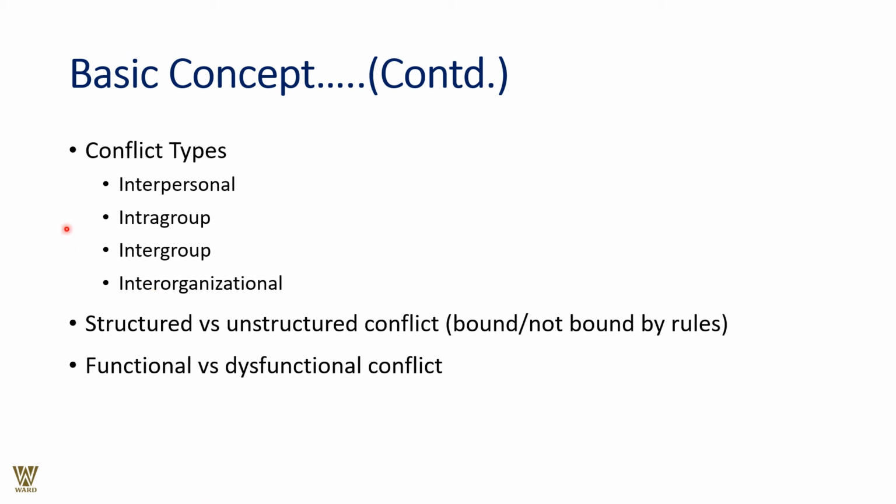Now, what is intra-group? It is within a group of people, within group A itself, there might be opposing views with minor altercation here and there. So we have interpersonal and intergroup, which is between two persons and two groups together. But when it comes to intra-group, it is within the group, there's a conflict.